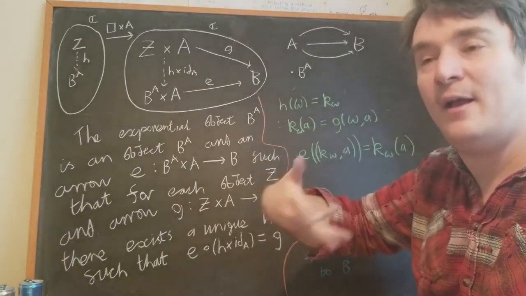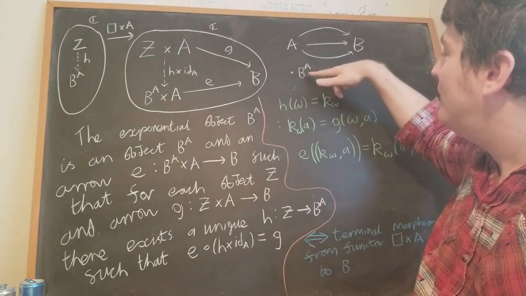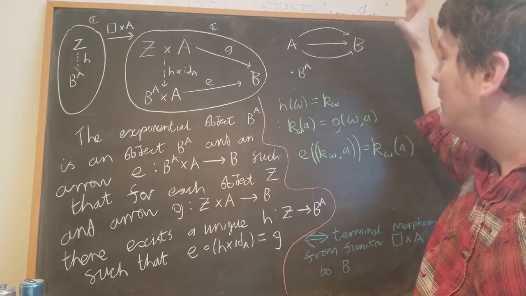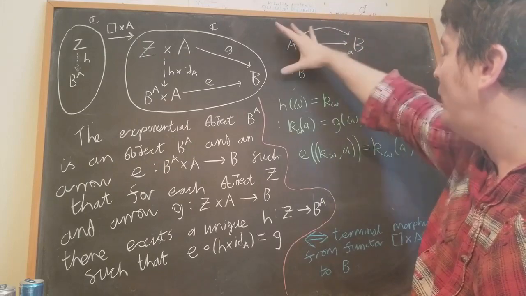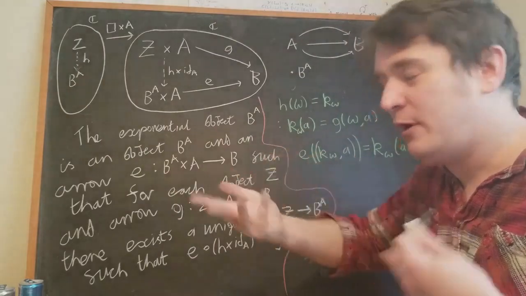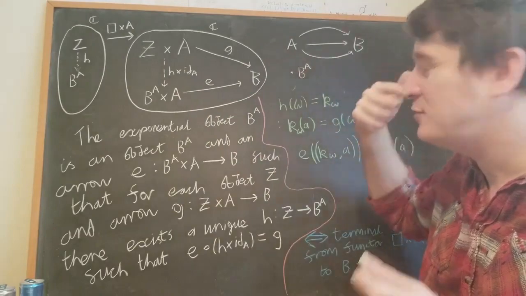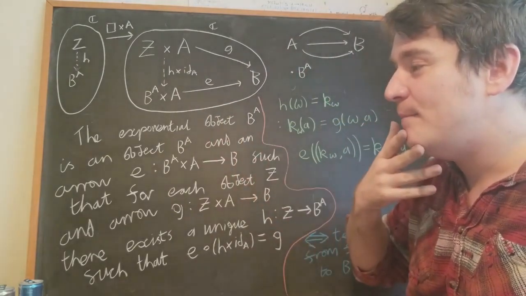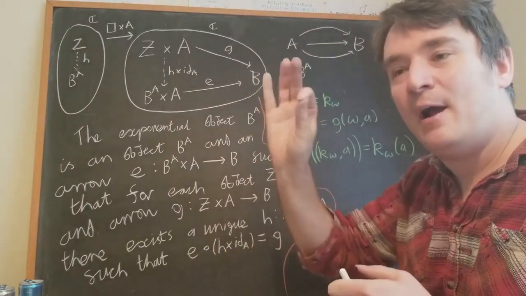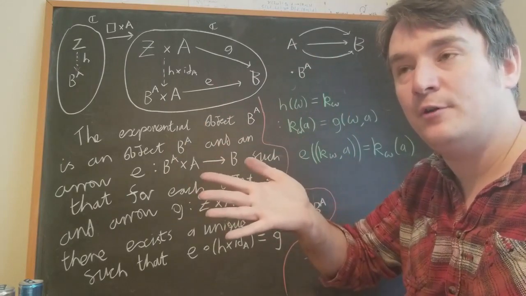So the category Set has this curious property that there's somehow an object B to the power of A which represents this collection of functions going from A to B. And, you know, we talk about this in common language, okay? The set of functions from A to B, it's a set, so it should correspond to an object. But it's curious that this is an object in the category, and we can actually pick it out using a categorical construction, in particular one of these universal constructions.